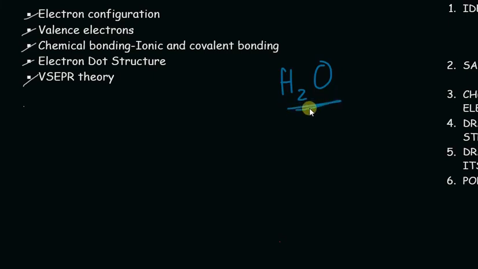This molecular formula shows that water is composed of two hydrogen atoms, that's this one, and one oxygen atom. Again, these atoms are bonded to each other. So this can be the structure, and this can also be the structure. So which one is correct?